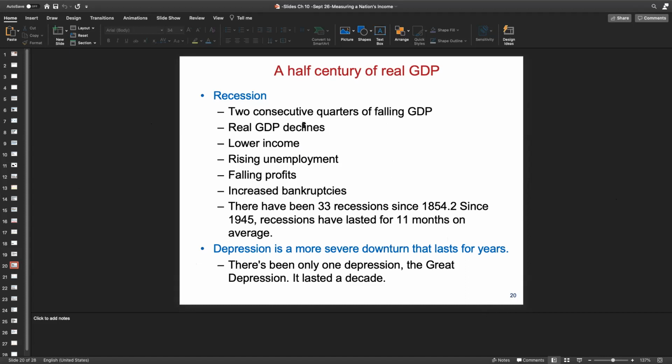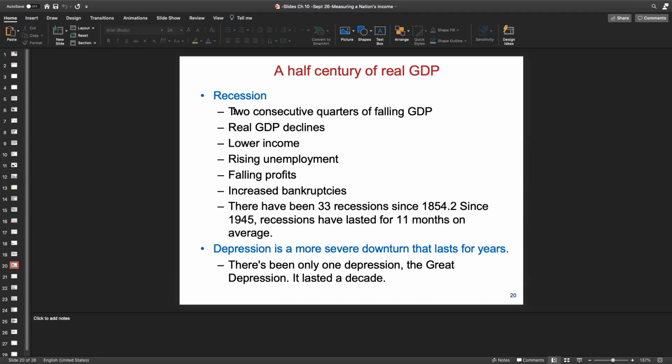Recession is defined as 2 consecutive quarters of falling GDP. So if in the first quarter we had a recession, and then the second quarter we didn't have the recession, but the third quarter again we had a recession, that is not considered a recession.